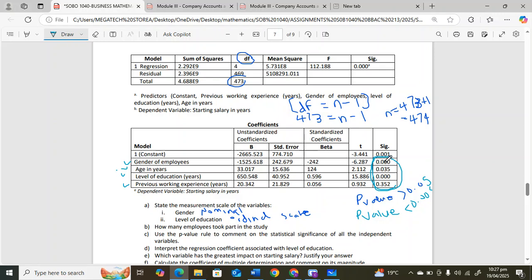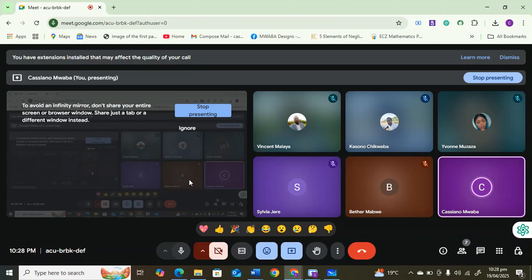So for gender of employees, as you see, the p-value is way less than 0.05, meaning your salary can be dependent on your gender, because there's a significant relationship between the gender and the salary level. Isn't that scary, colleagues? Your salary depends on your gender. Isn't that scary?